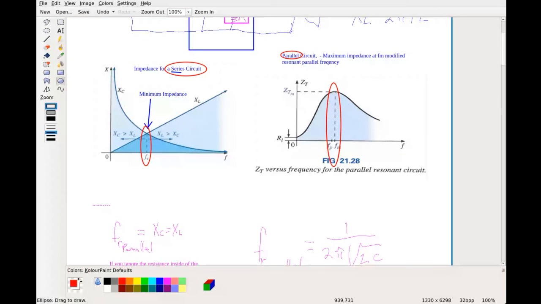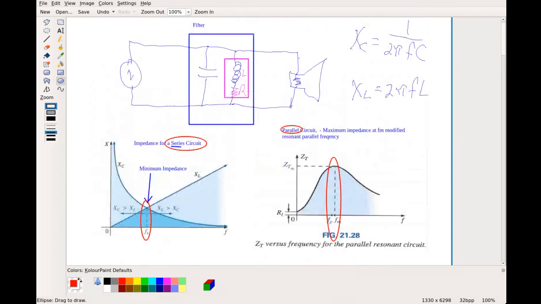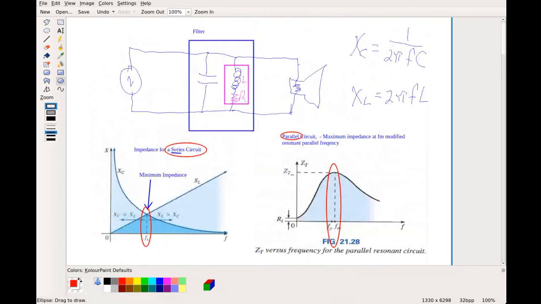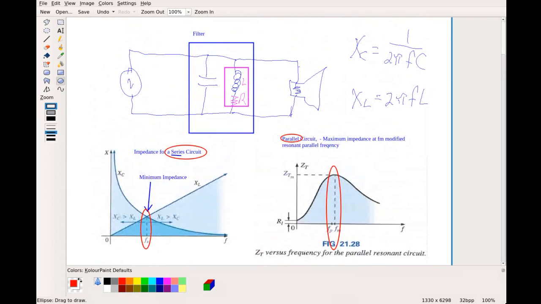But like I say, really these are the filters. When we get into chapter 22, we're actually going to discuss these. What we've basically talked about today are band pass filters.